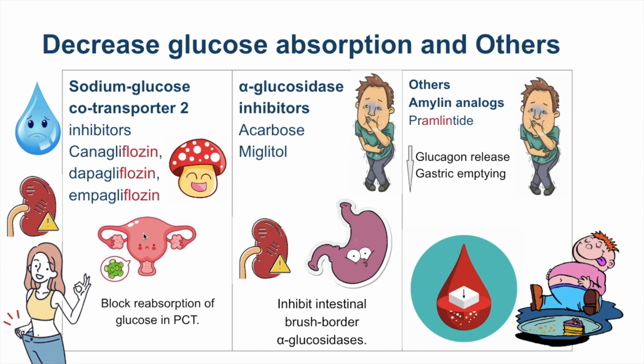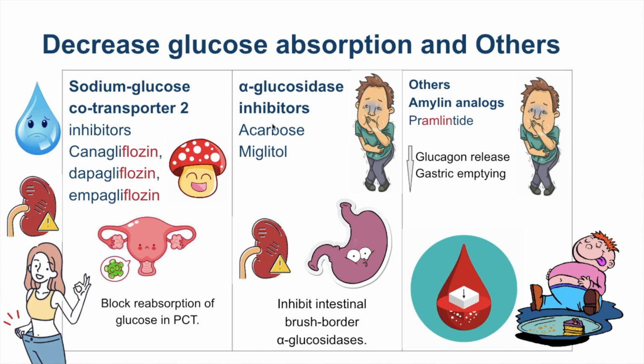Because glucose is very osmotic, it can pull water from the body into urine, and it will lead to dehydration with subsequent orthostatic hypotension. Again, we need to be very cautious when we have renal insufficiency and decreased GFR. Sodium glucose cotransporter 2 inhibitors help patients to lose weight.